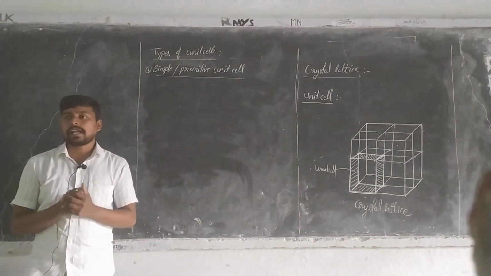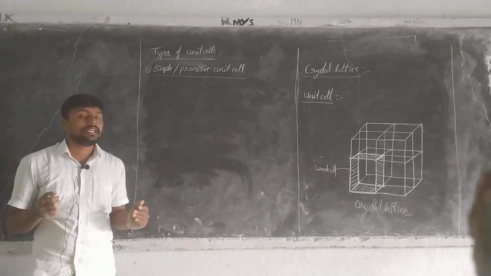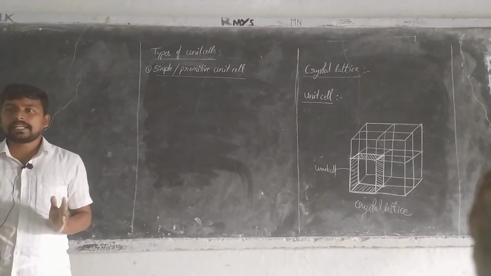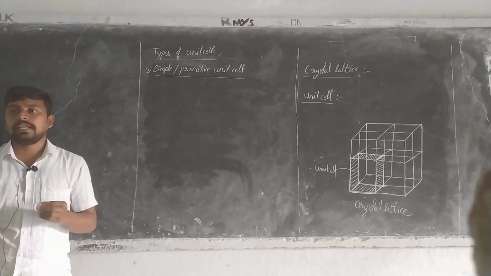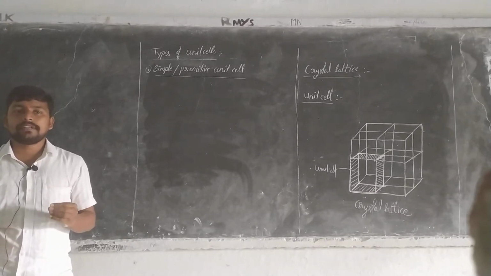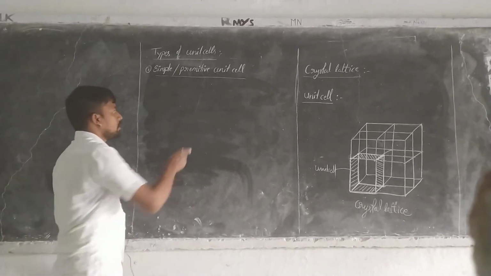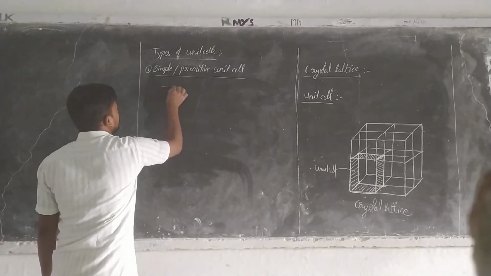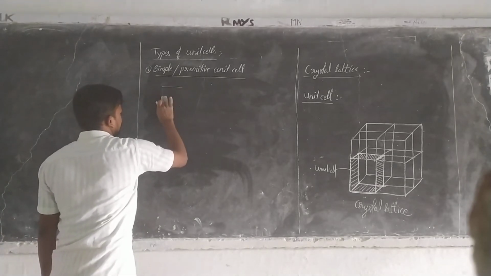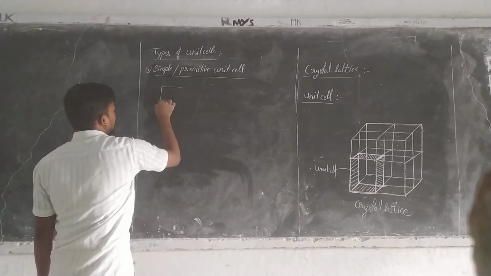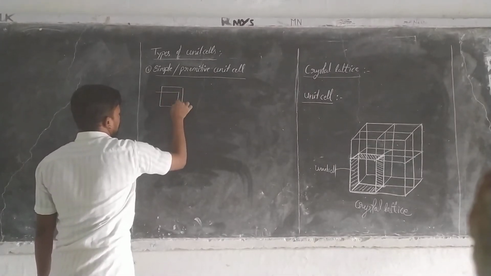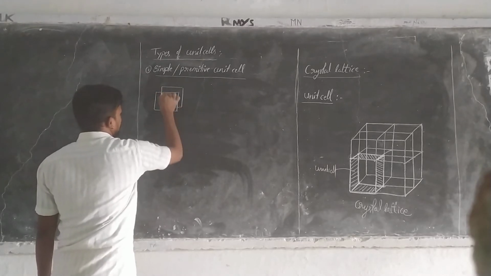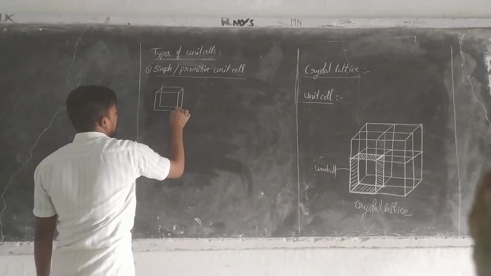So simple or primitive unit cell means if constituent particles are present at the corners of the unit cell only, then it is said to be a primitive or simple unit cell. For suppose, this is one unit cell.